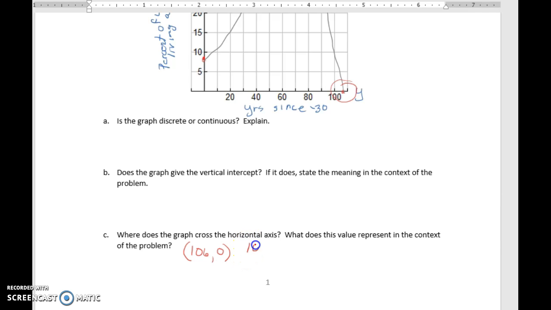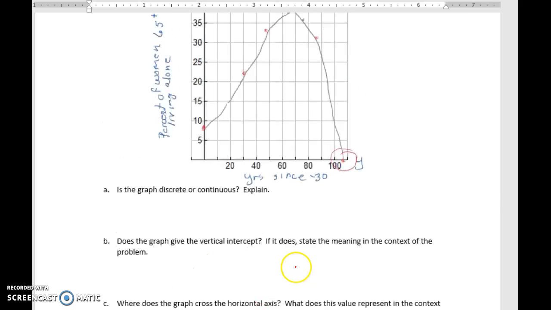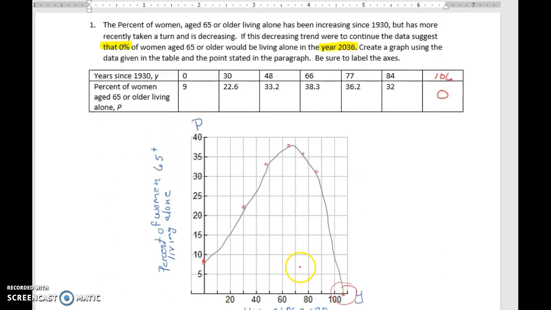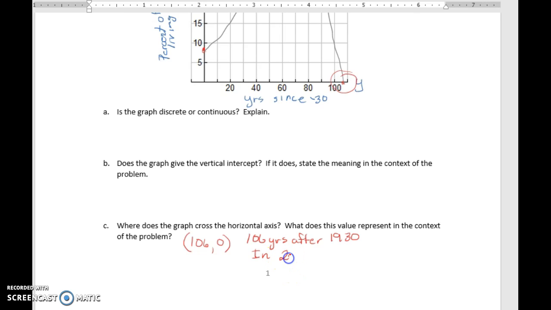So we could say 106 years after or since 1930, or you could say in the year 2036, and then we can finish that statement with 0% of the women age 65 or older would be living alone.